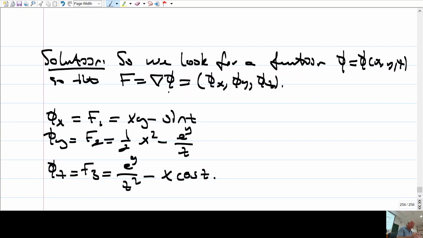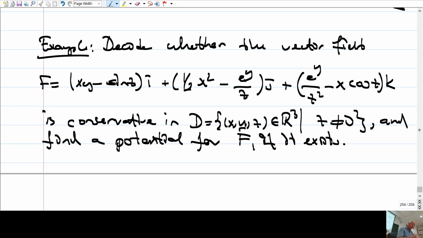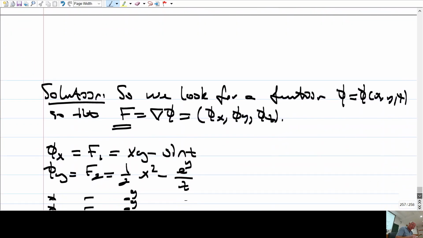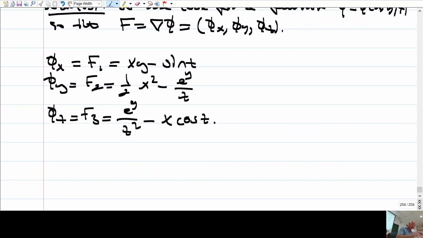Potential means a function whose gradient is equal to F. So components of F, which are these functions, this is f1, this is f2, and this is f3. So this will be phi sub x, phi sub y, and phi sub z. So we are looking for a function whose partial derivatives are these objects.